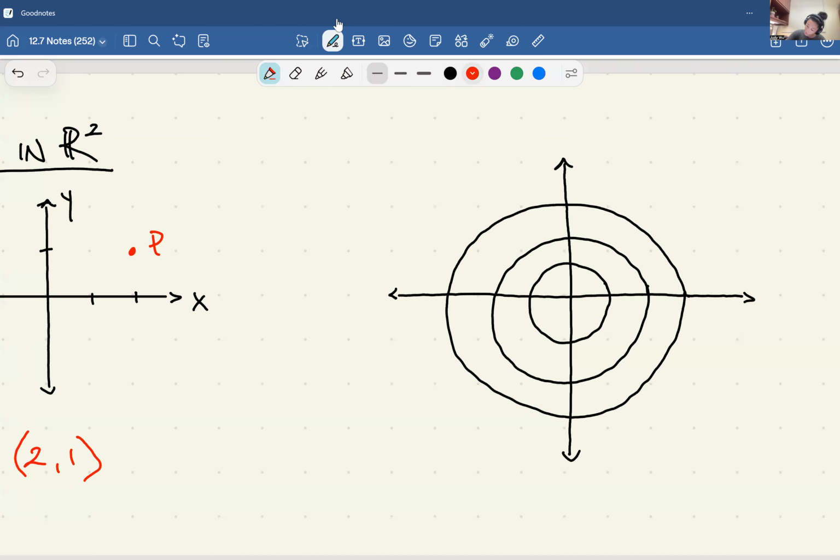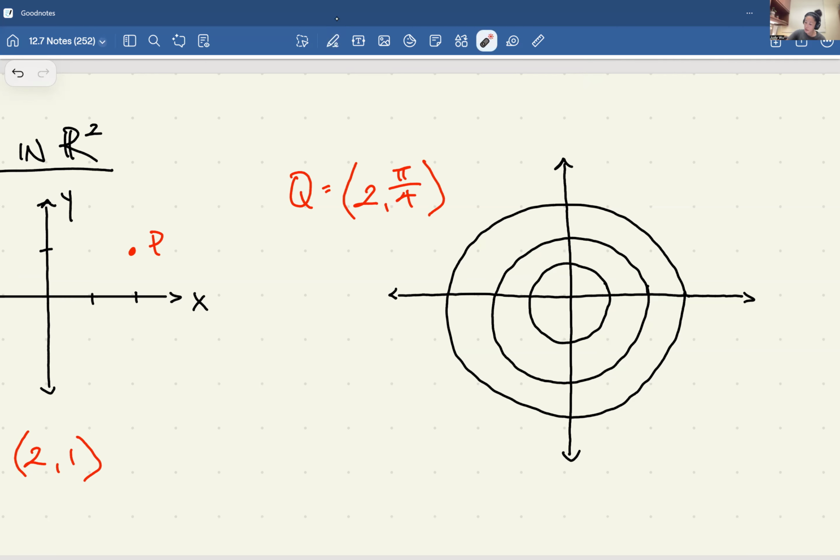So let's give a different name, point Q, at (2, pi over 4). I would go to the angle pi over 4, and then go 2 circles out in that direction. So I put it somewhere around here, and we would call that point Q.